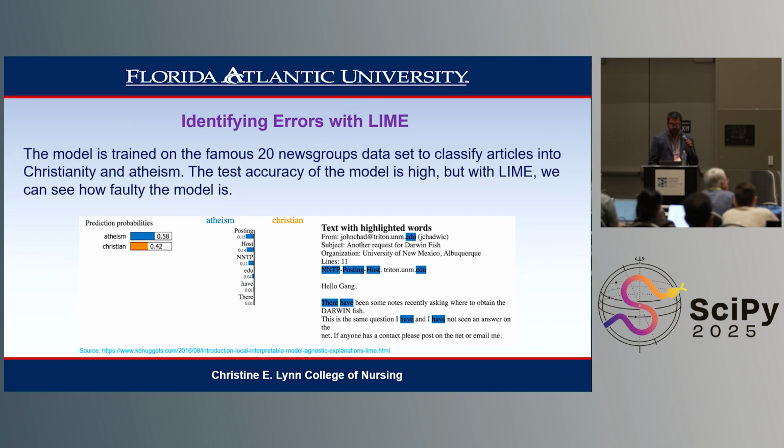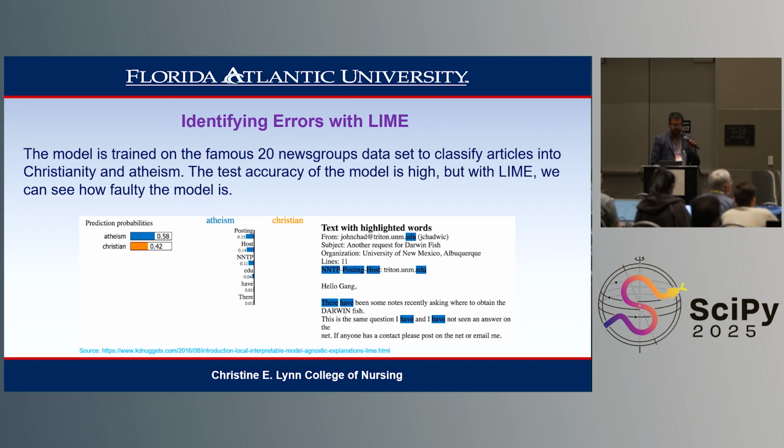This is identifying errors in LIME. You can also see that the model can be accurate, but for wrong reasons. For example, this 20 Newsgroups article is classifying articles based on whether the topic is Christianity or atheism.